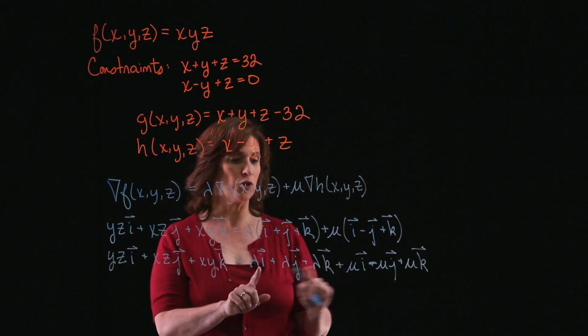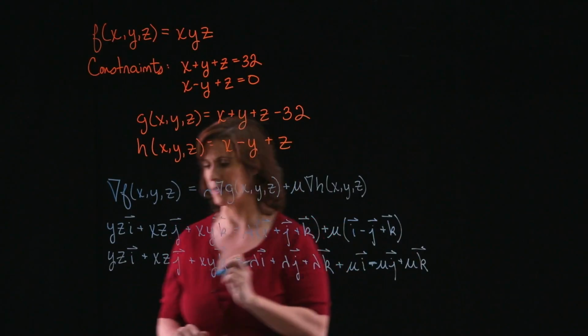On the right-hand side, I'm going to group all the i components, j components, and k components together.